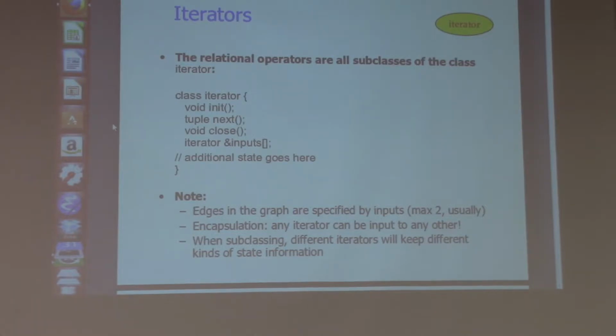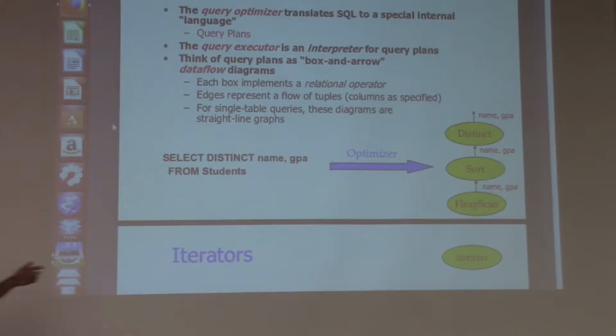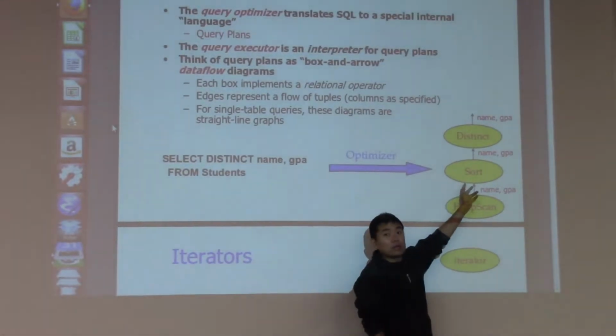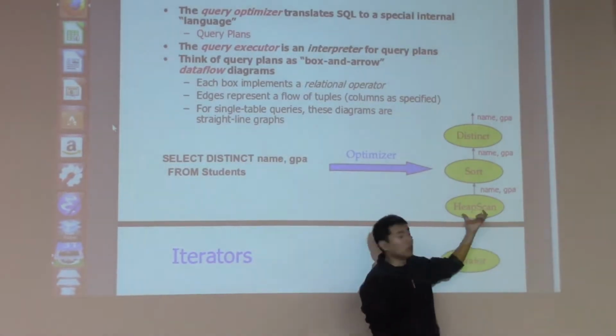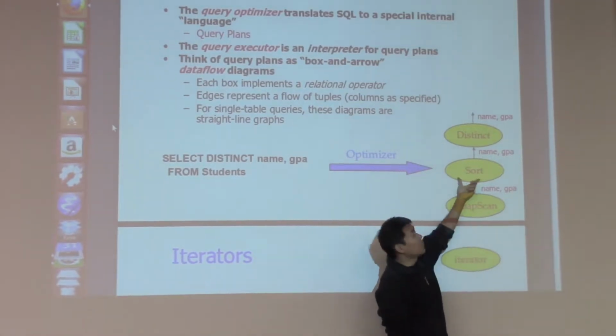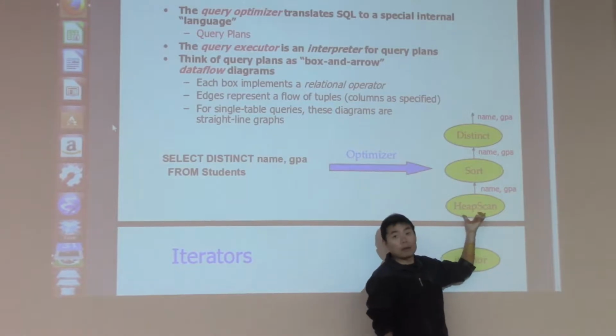Going back to the example from the last slide, the sort iterator's input is an array of iterators, in this case of size 1, which is a heap scan iterator. And the sort will call next repeatedly to fetch the record from heap scan.